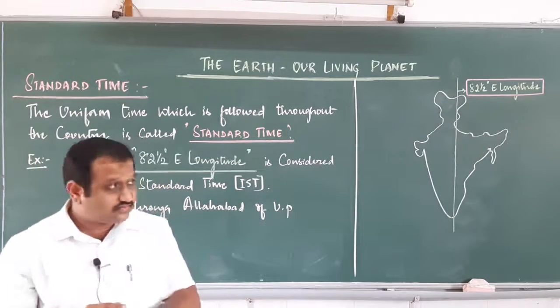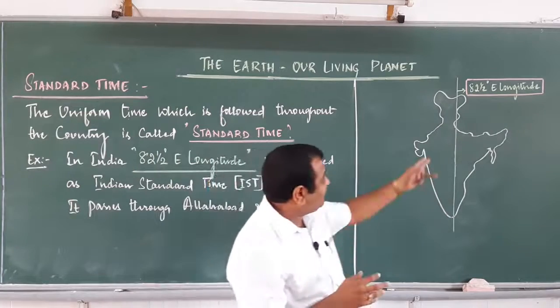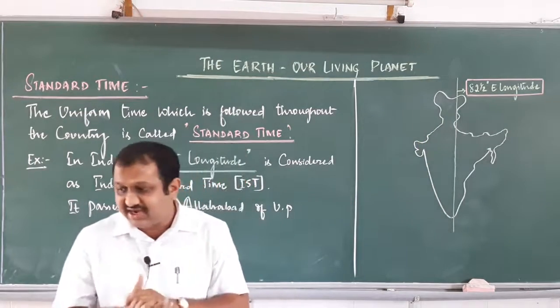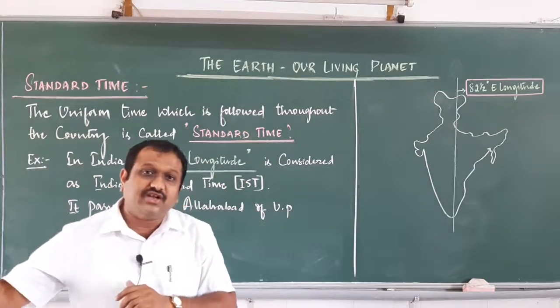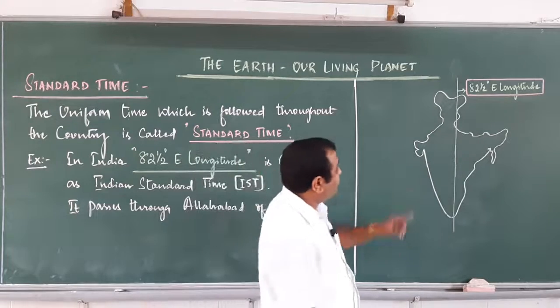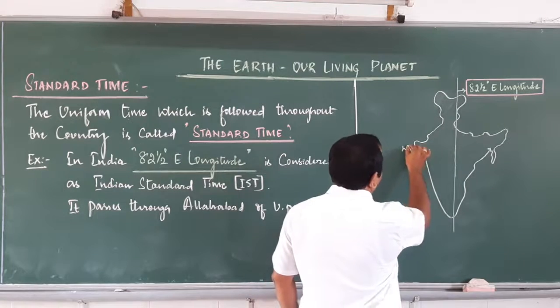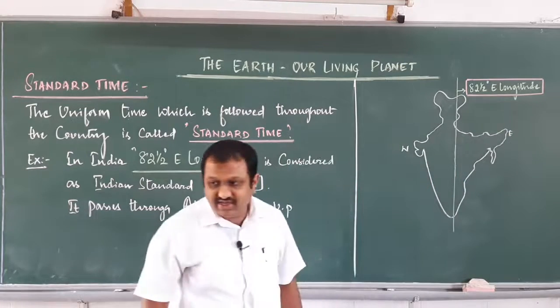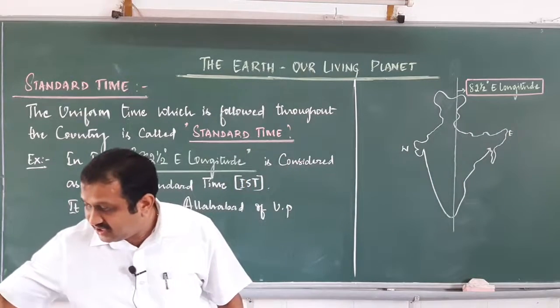Just a few minutes back I told you why we have taken 82 as a central meridian or Indian standard time. Why can't it be 72 or 68 or 95? Listen here, this concept is very important.